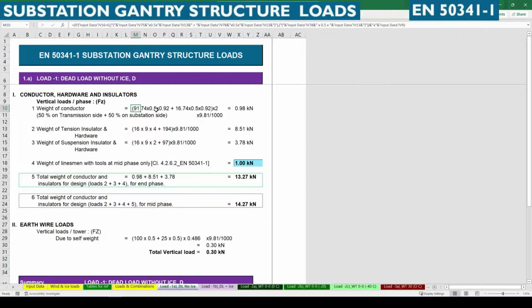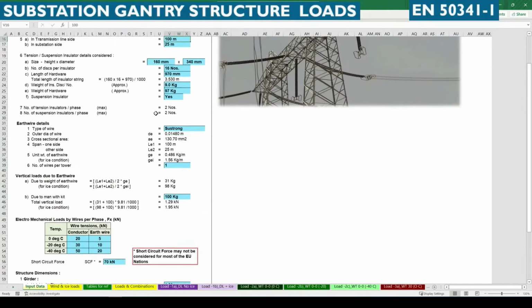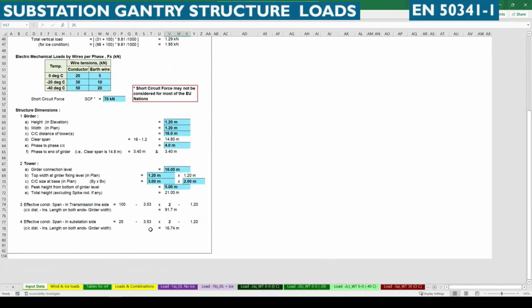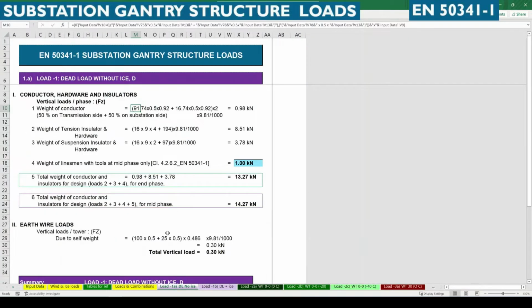In a similar way, on the substation side we have 25 meters, and the same 25 meters is also deducted by the tension insulator. So likewise the span is calculated as 50%, as it is going to handle some 50% of the span on the other support side.